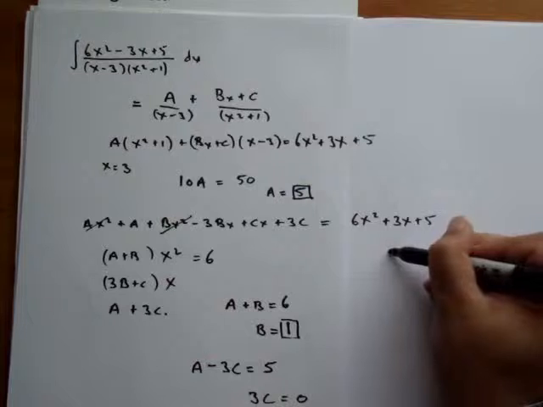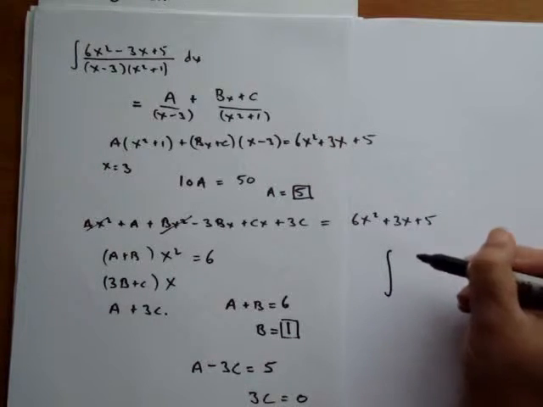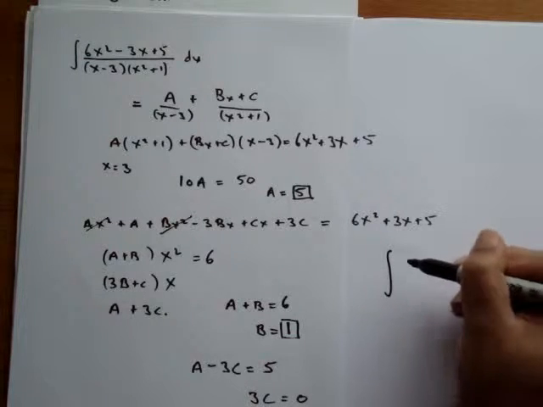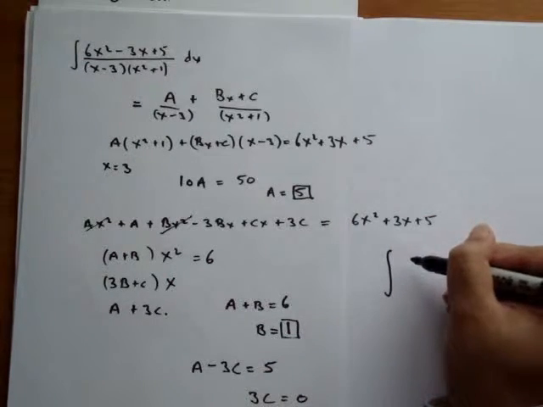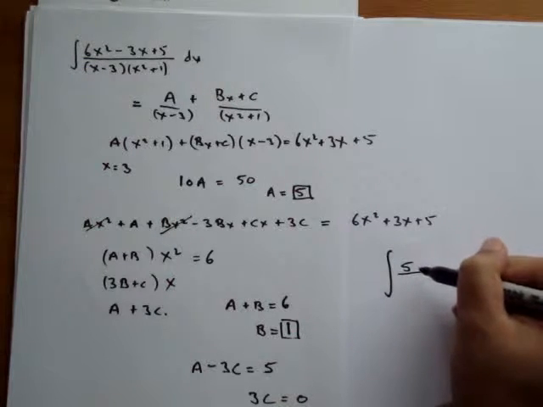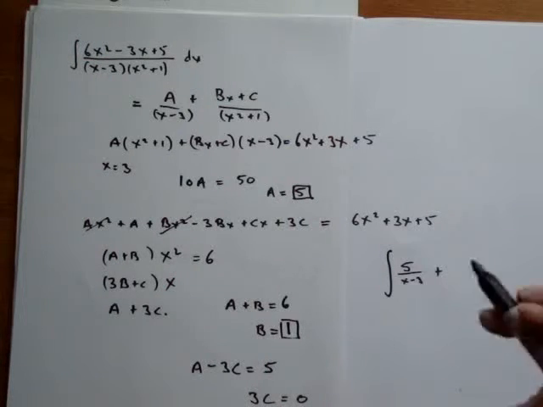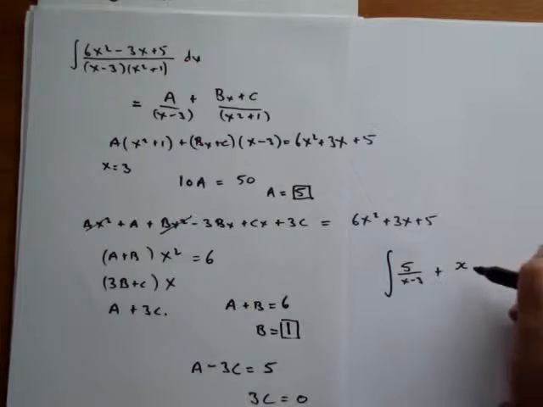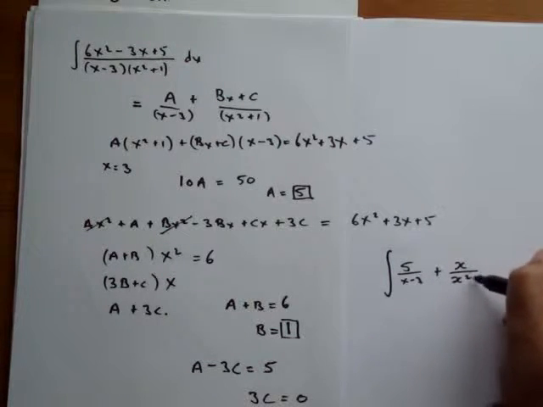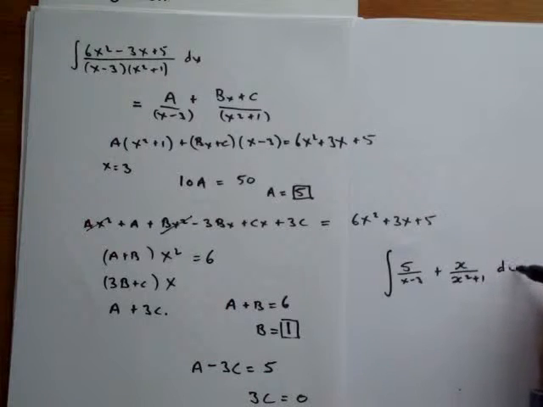So the integral then becomes A, which is 5 over x minus 3, plus our Bx plus C, and our C was 0 and our B was 1, so it's just x over x squared plus 1 dx.